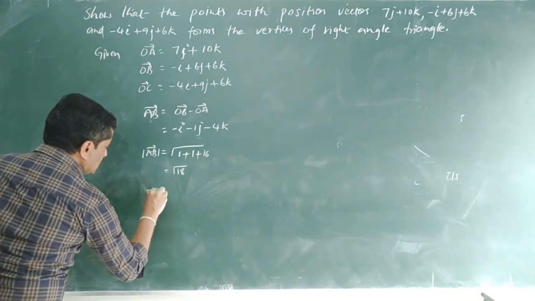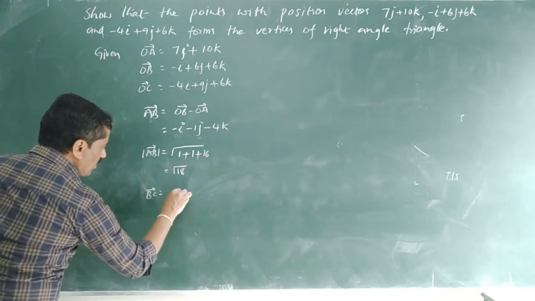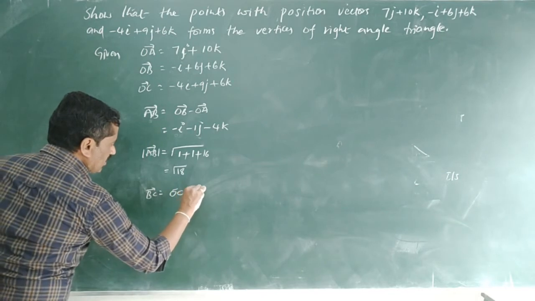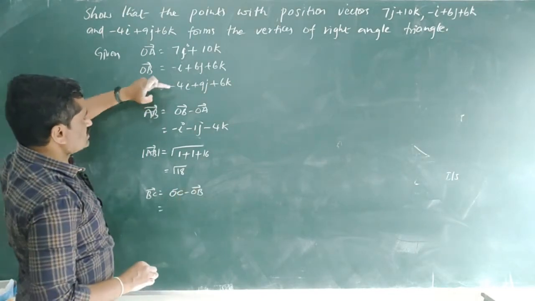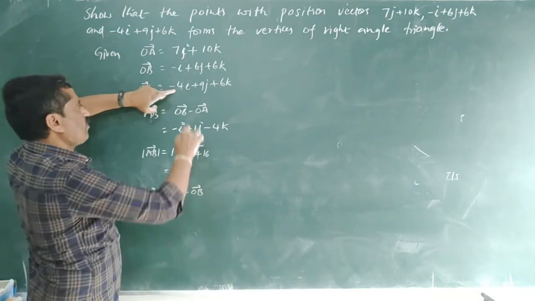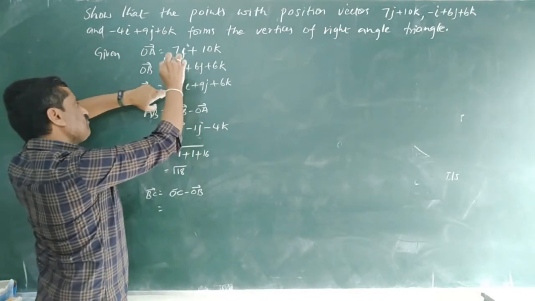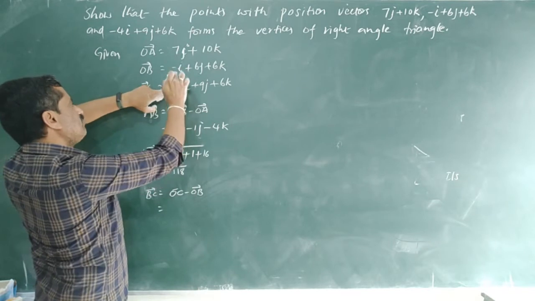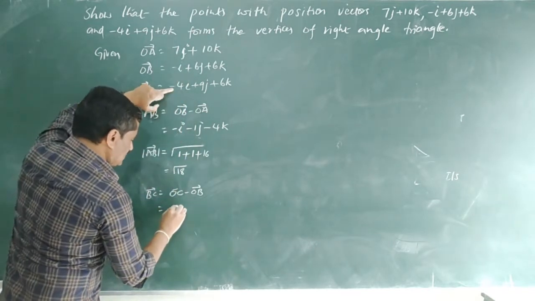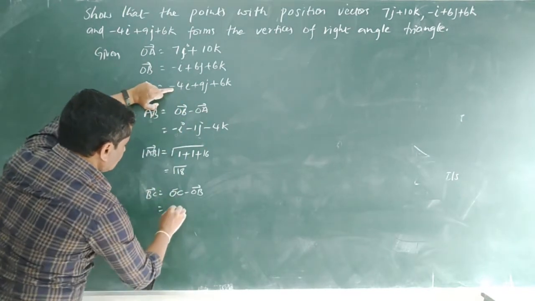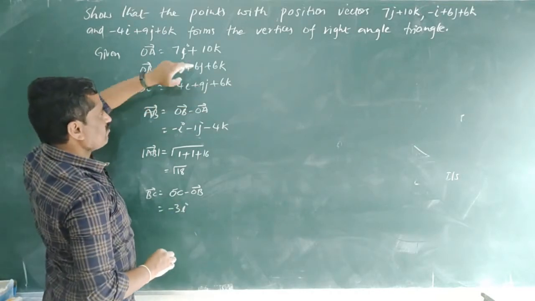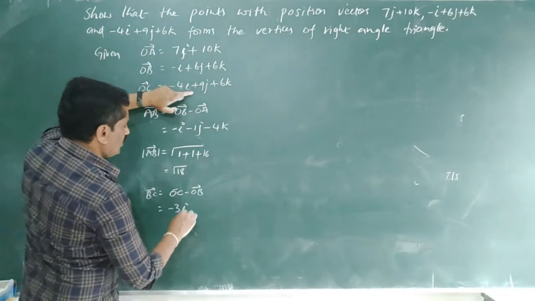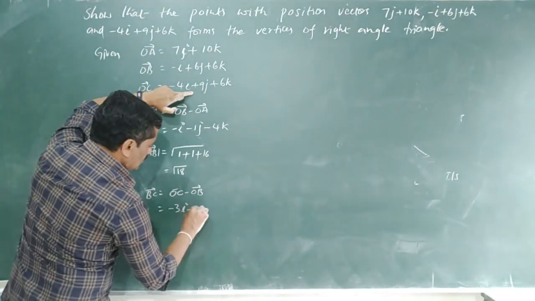Similarly, find BC bar. BC bar is equal to OC bar minus OB bar. This minus this. Minus 4 minus of minus 1, we have minus 3i. Again, 9 minus 6, we have plus 3j.